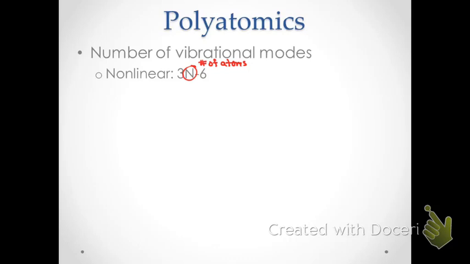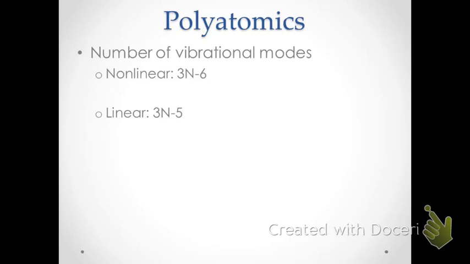In a nonlinear molecule, we have 3n minus 6, n being the number of atoms present. So if a molecule is water, which has 3 atoms, we'll have 3 times 3 minus 6 for a total of 3 vibrations, 3 different types of vibrations that occur in water. And they occur at different frequencies. So we'll take a look at those in a little bit.